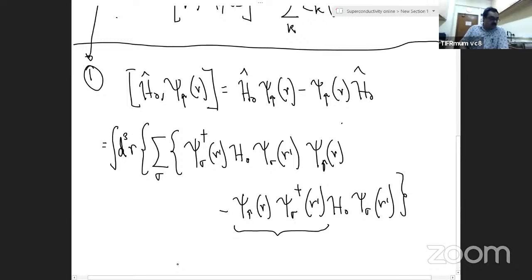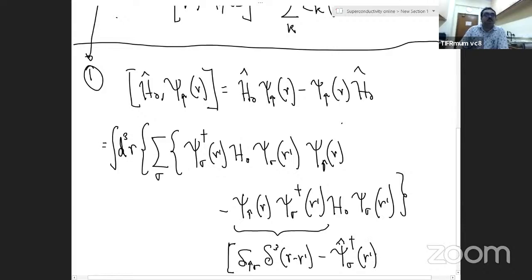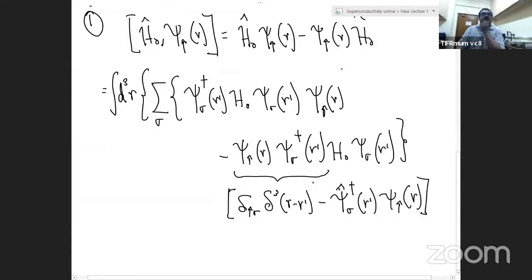This quantity I can write as, I am using the commutation relation. All right. Now look at this.